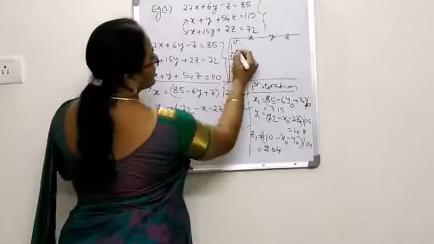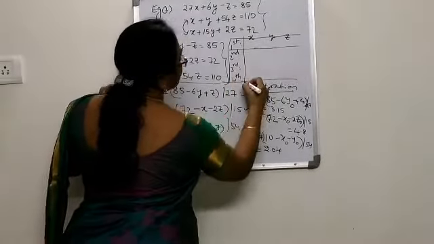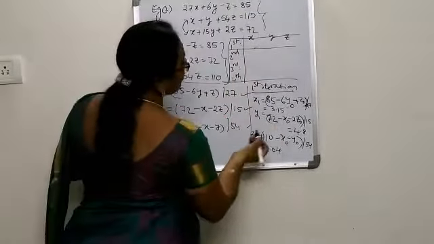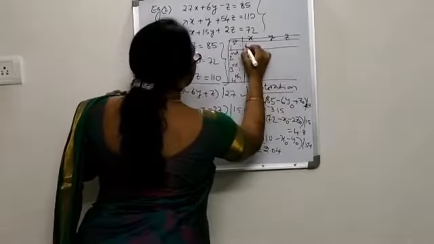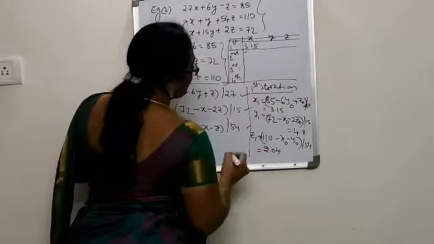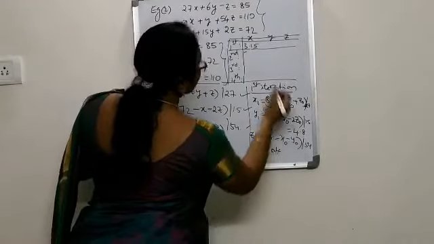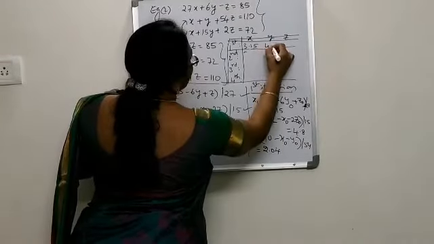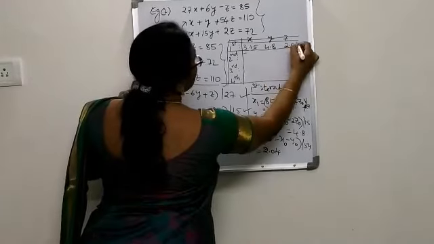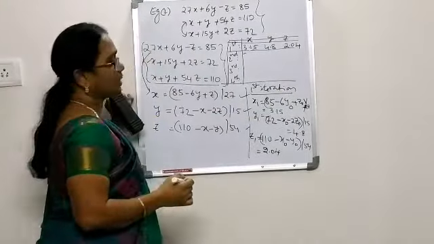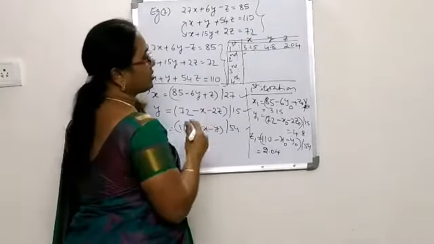Right? So I am listing out the first approximation values in the table formed here. We got the x1 value 3.15, the y1 value is 4.8, and the z1 value is 2.04. Right? These are the values in our first iteration.